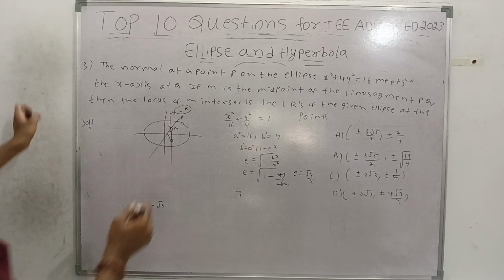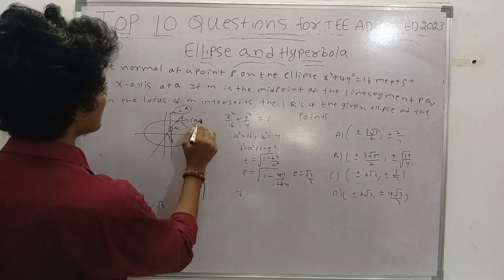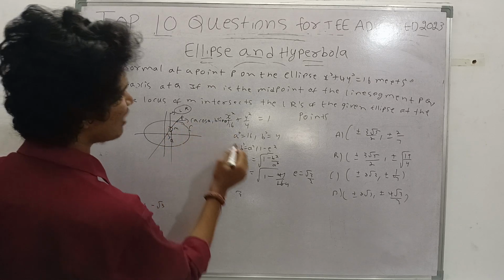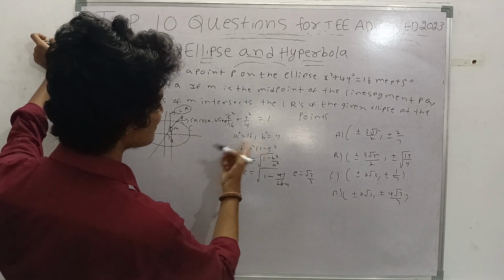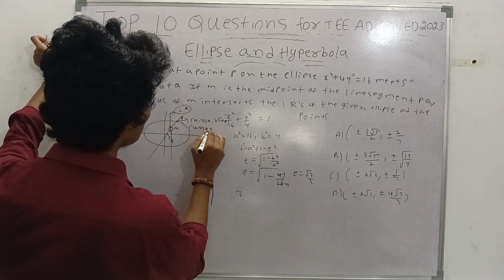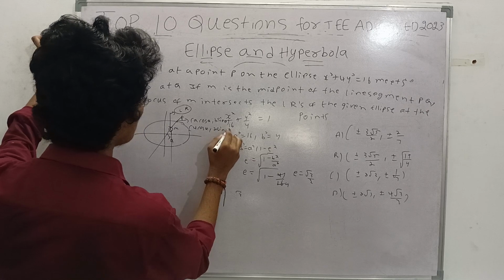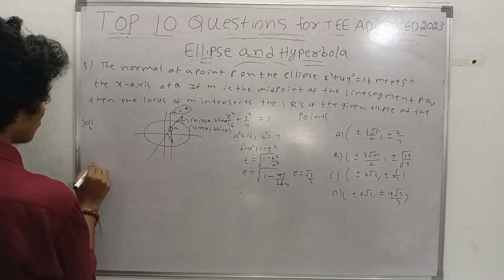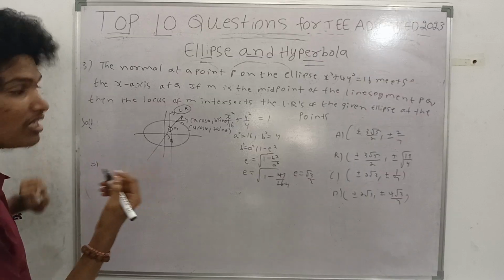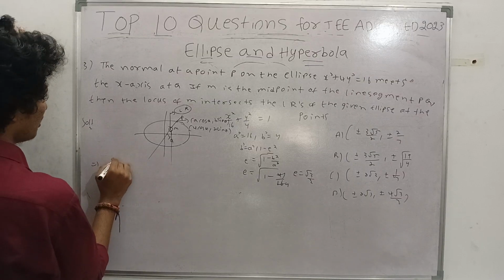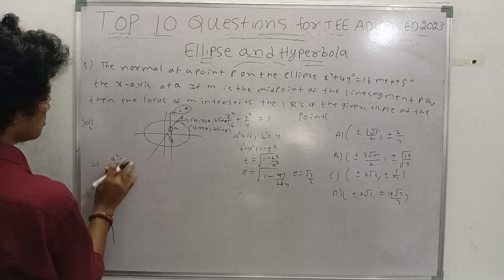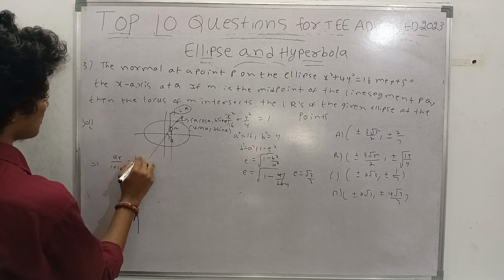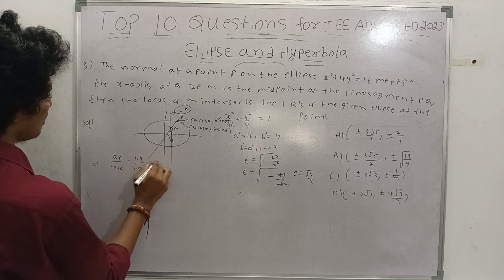So for that, we have to assume the point P, a random point, that is a cos theta comma b sin theta. We have to assume the parametric point. Here a is 4, so it is 4 cos theta, and b is 2 sin theta. So this is the parametric point, 4 cos theta comma 2 sin theta. And we already know the normal equation in parametric form for the ellipse: ax by cos theta minus by by sin theta equal to a square minus b square.